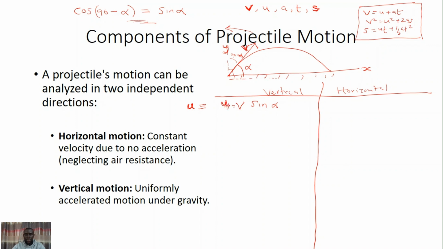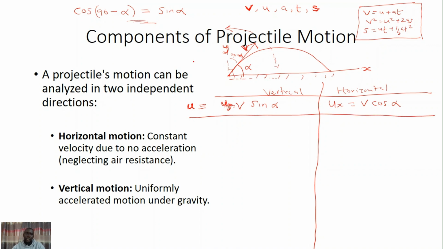Along the horizontal component, which is ux, will be equal to, you resolve it along this direction, which is the horizontal component, that will be v cos alpha. So this is the initial velocity for both of them, for both the vertical and the horizontal components.